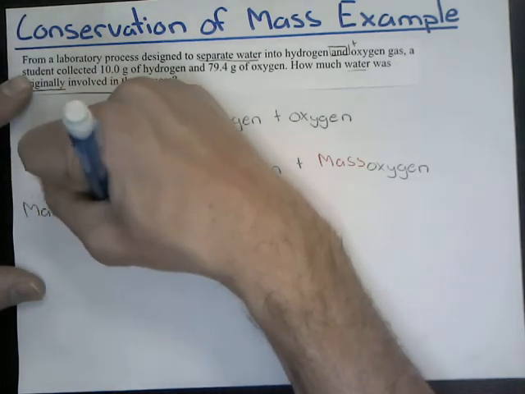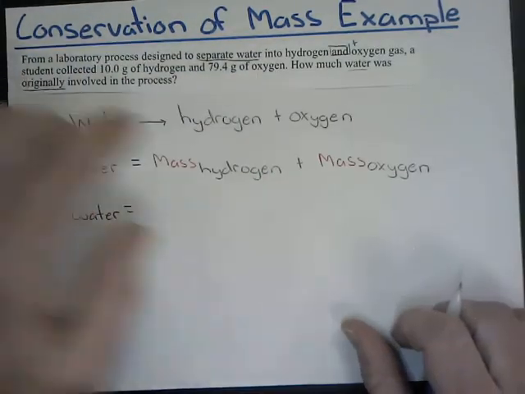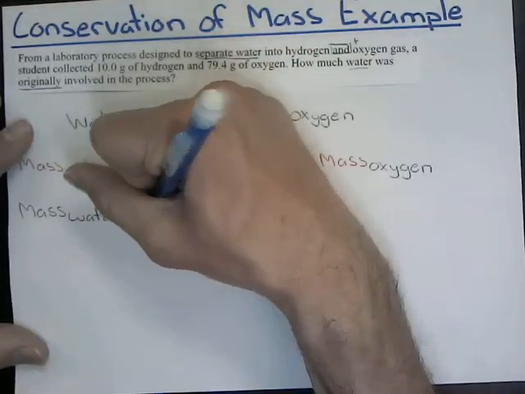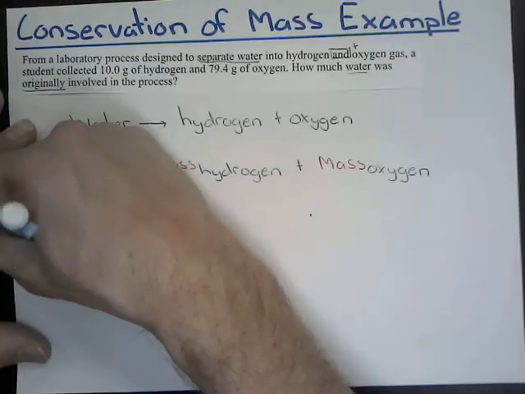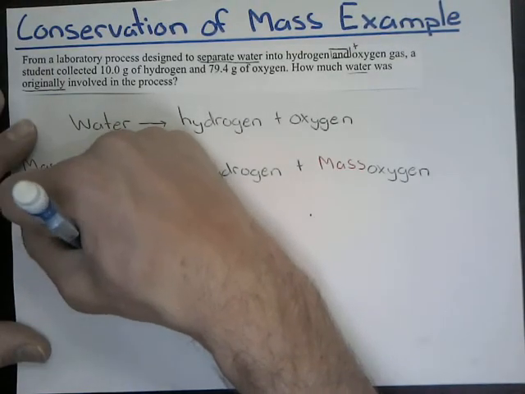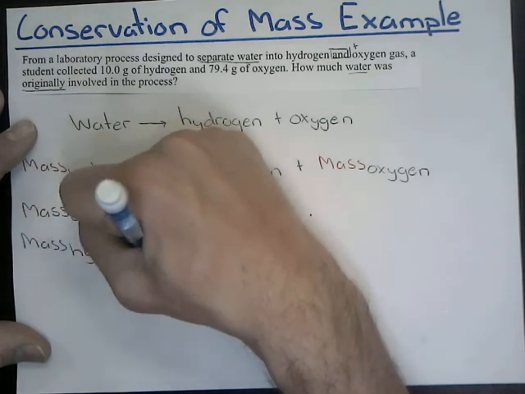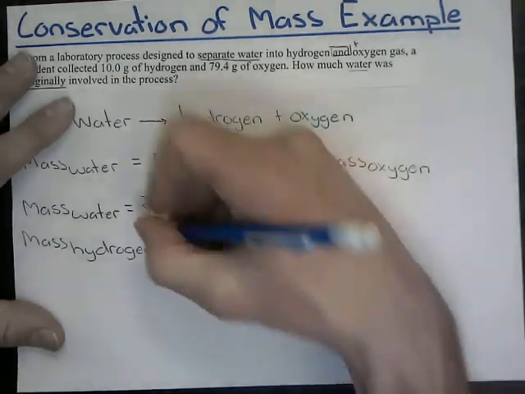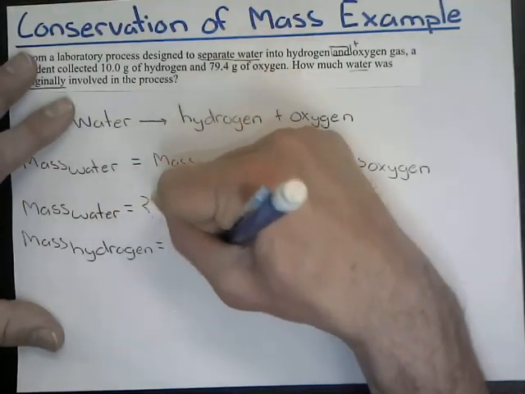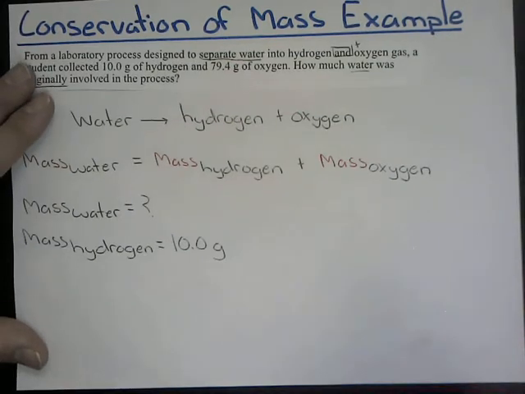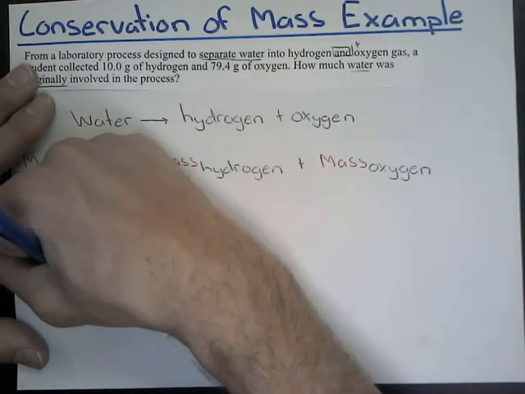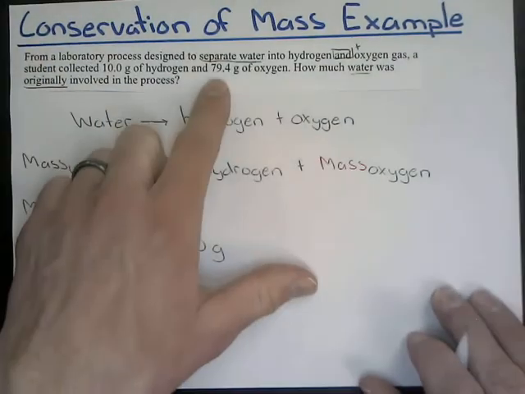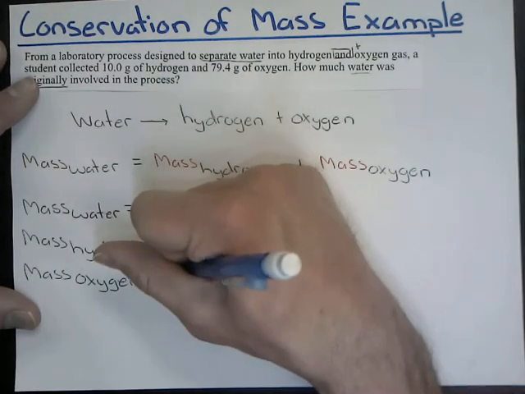Okay, so the mass of water. If you read the problem, it says, how much water was originally involved? So we don't know, and this is going to become our question mark. Now, the mass of hydrogen is listed, and it is exactly 10.0 grams. And the mass of oxygen is also listed at 79.4 grams.